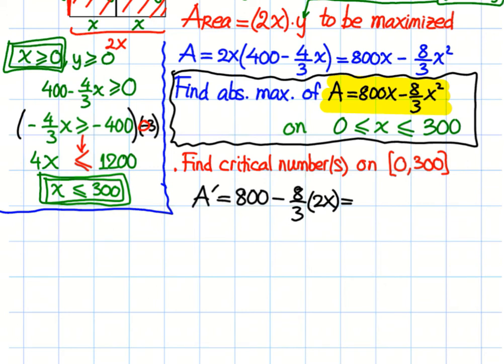So we just have 800 minus 16x over 3. That is the derivative. We need to make this equal to 0 or does not exist. So derivative equal to 0.